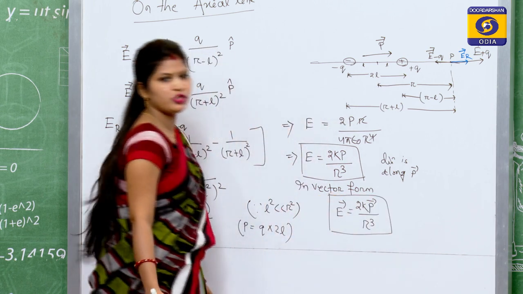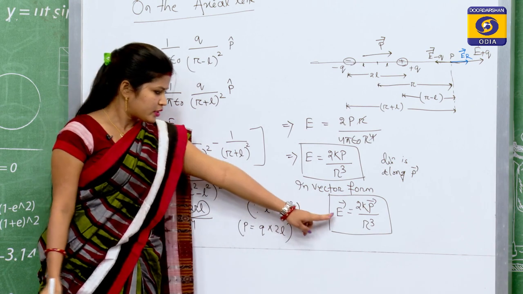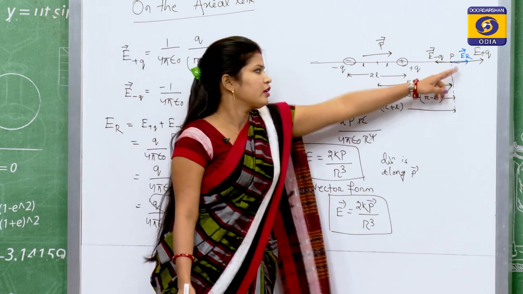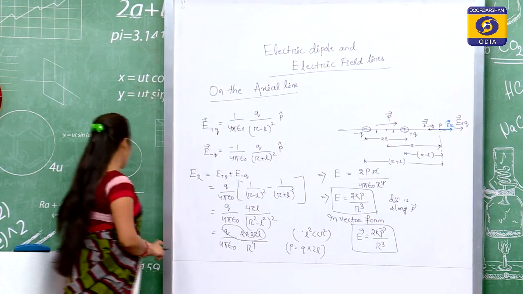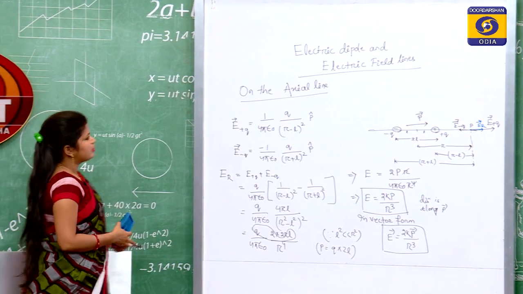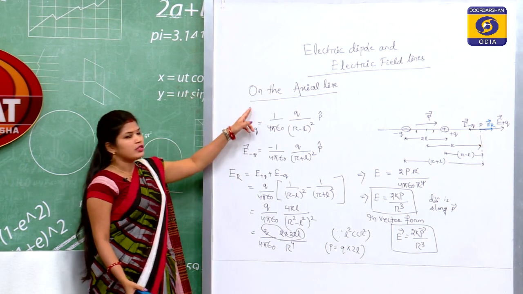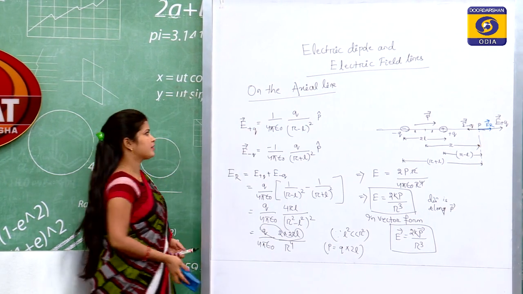This is our final expression. So, the direction of electric field is along p on the axial line of the dipole. Okay. Next we will see on the equatorial line.